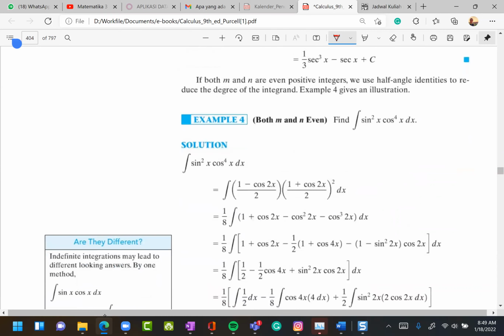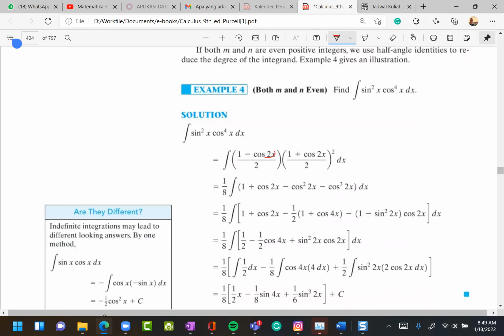But if both are even, okay, so you double the angle. Sine squared becomes cosine 2x, double angle, and this becomes a square again. Okay, you have this. Eventually you get this one. All right, so this cosine square, make it into a double angle again, cosine 4x. There.